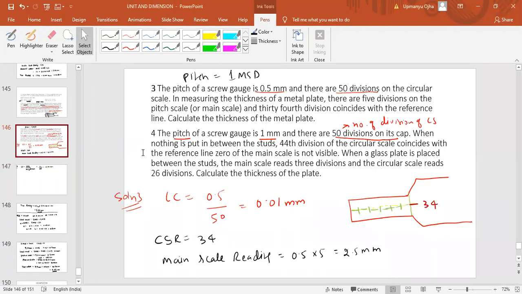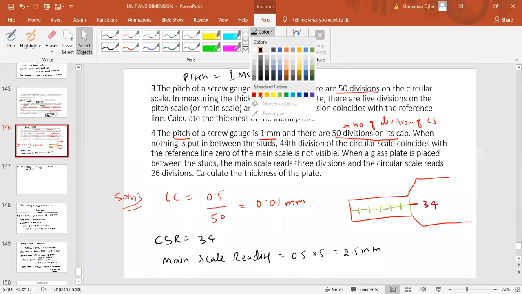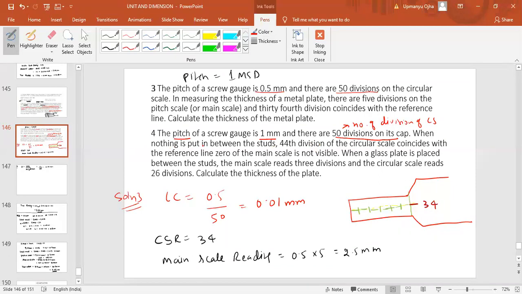Now next data. Next what you have to understand here. Next is when nothing is kept between the studs, then 44 divisions of the circular scale coincide with the reference line.